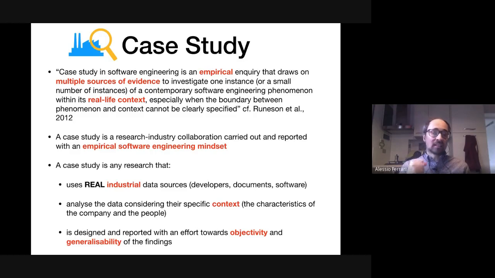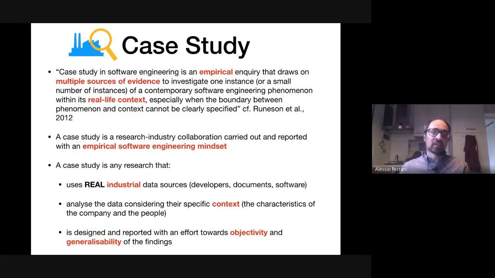So a case study is any research that uses real industrial data sources. Either you do something more focused on qualitative aspects, probably interviewing developers, but it normally involves multiple sources of evidence, so developers, but also documents and software.